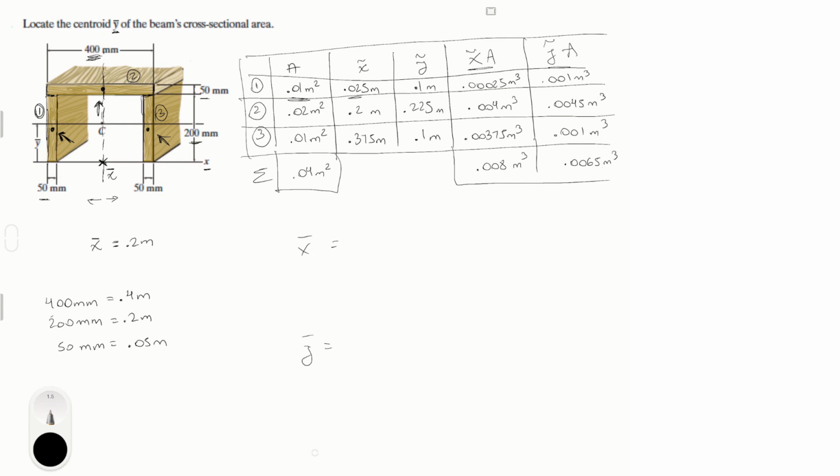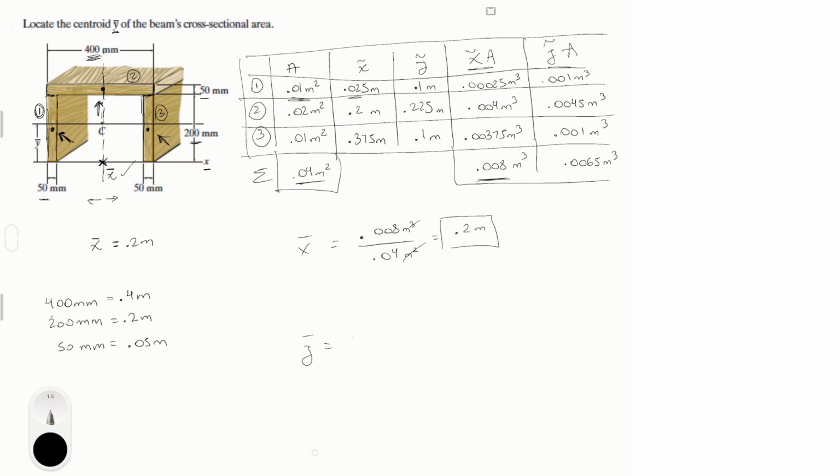I know they're not asking for x bar, but I just want to show you that it works. So you divide this by this and you get 0.008 over 0.04. This is meters cubed and this is meters squared, so the cube cancels out with the square, and you're going to get that this is equal to 0.2 meters, just like we said by symmetry.